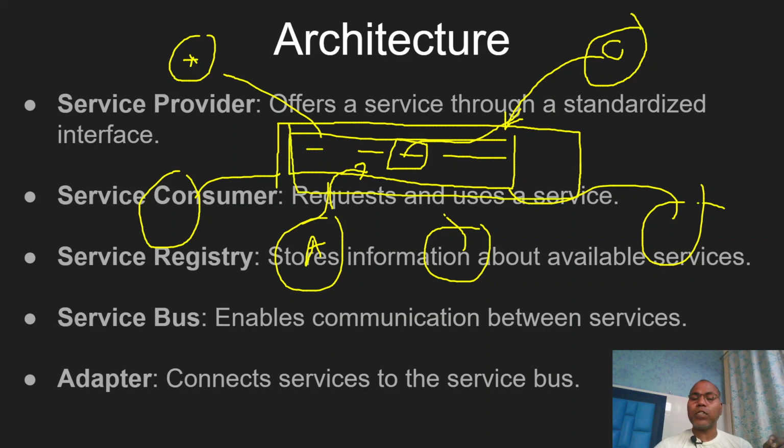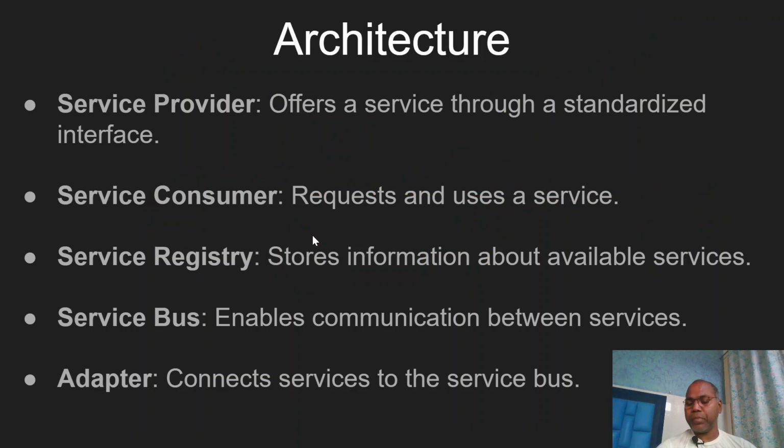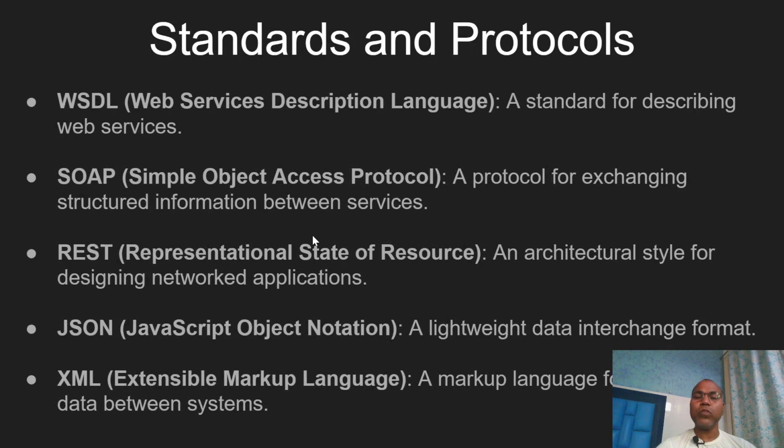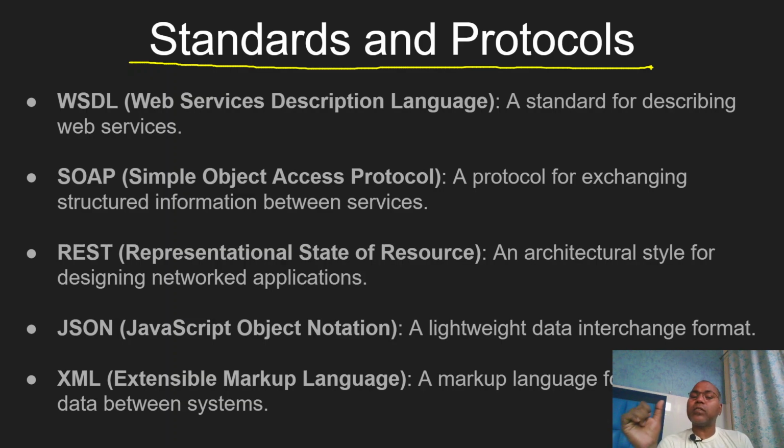A service bus also plays one kind of adapter between cross language service communication. So these are the standard protocols. Generally they are very rigid, and for SOAP services we have to follow them. This helps us to communicate.